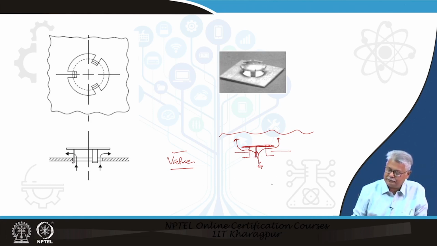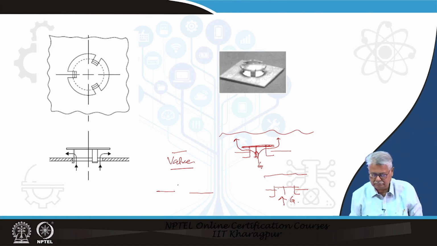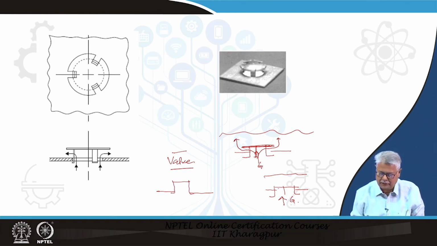So, what happens is initially your disc is here with the legs like this. After I have started my gas, when the flow increases, it gets lifted up. It gets limited by the length of the leg.